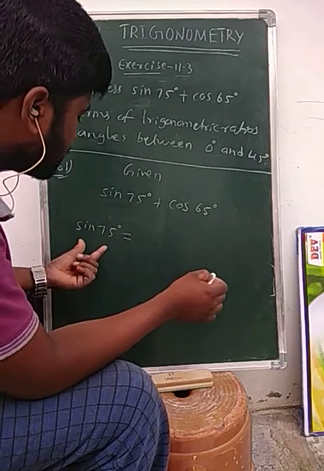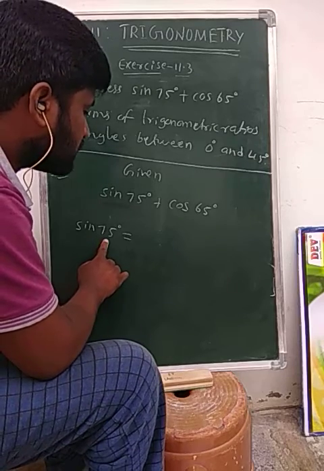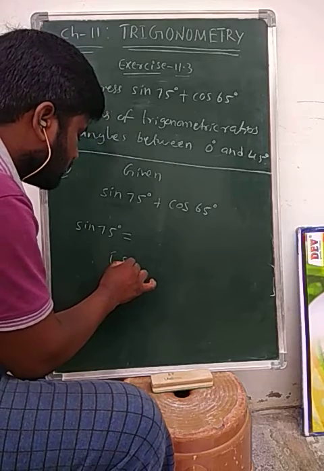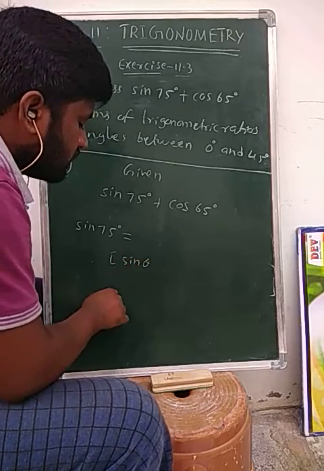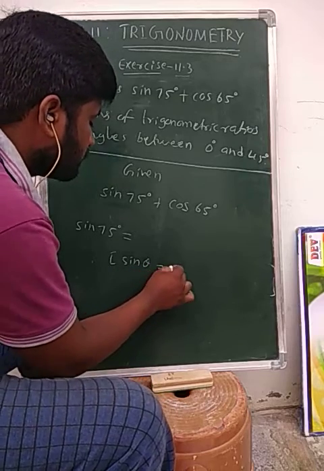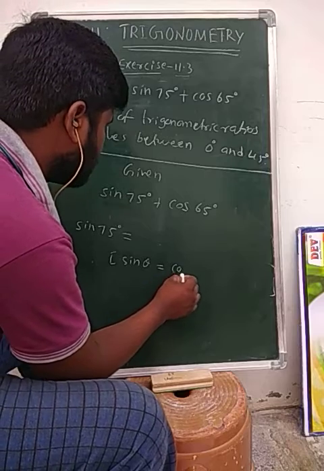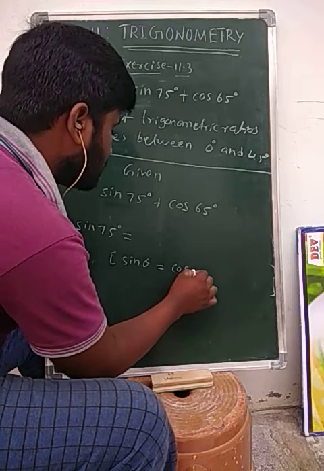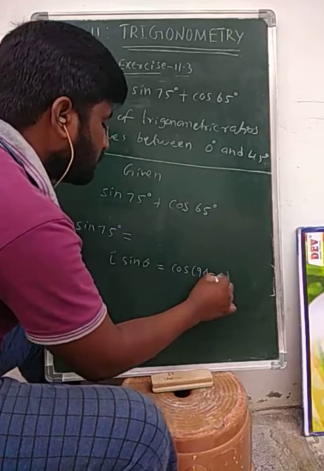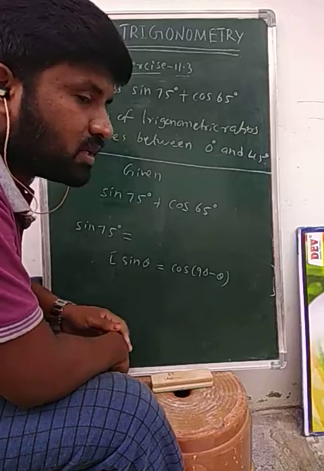Here we have a formula: sin theta is equal to cos 90 minus theta.